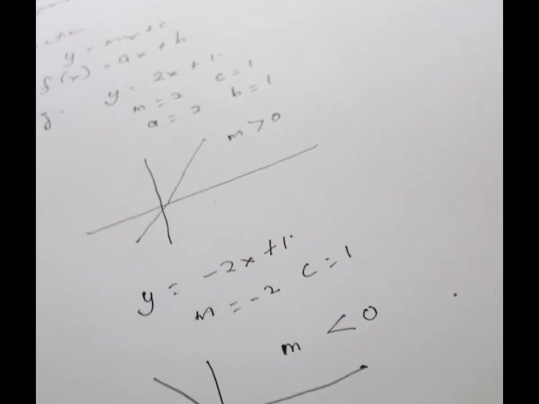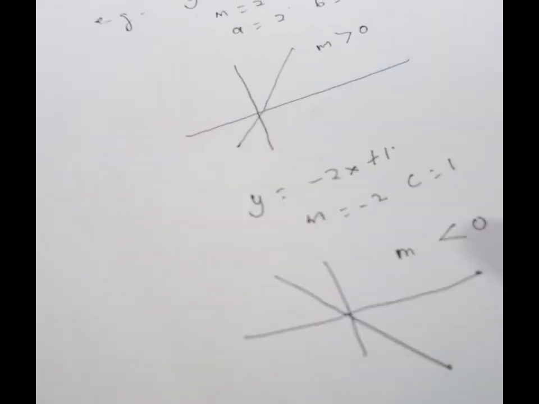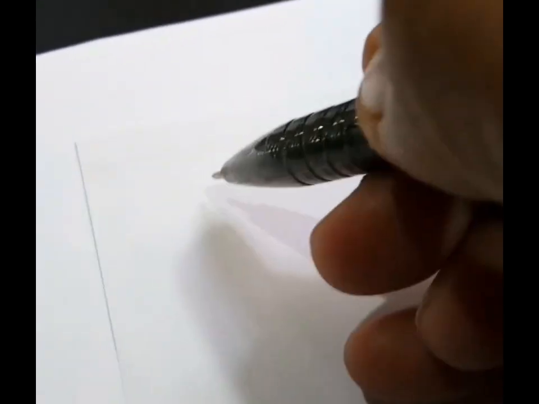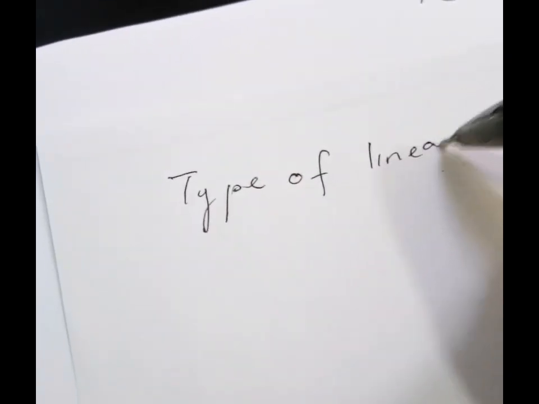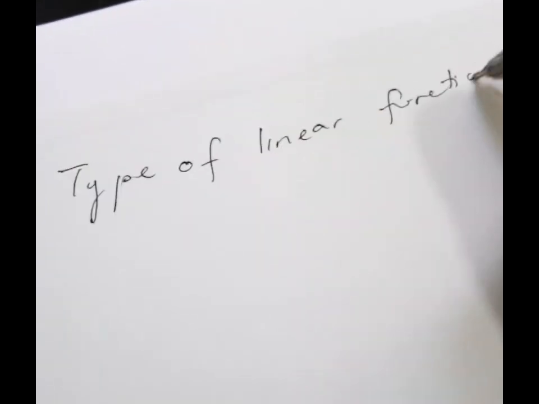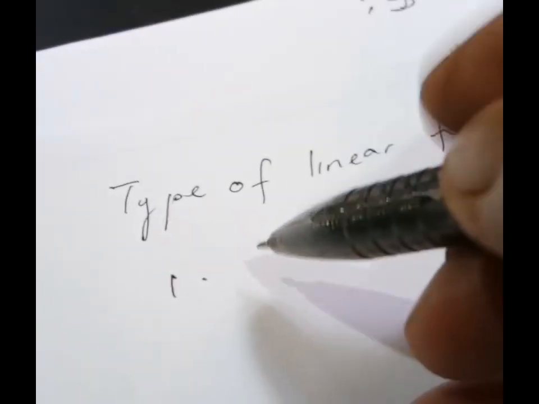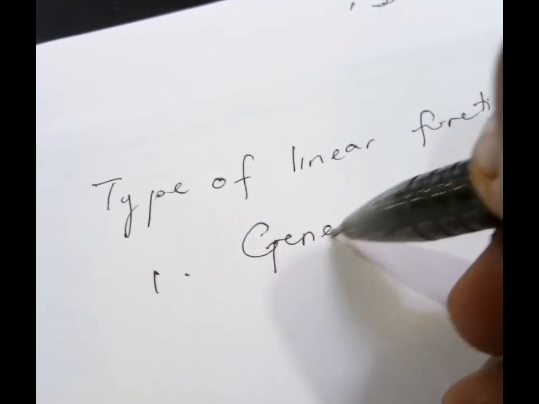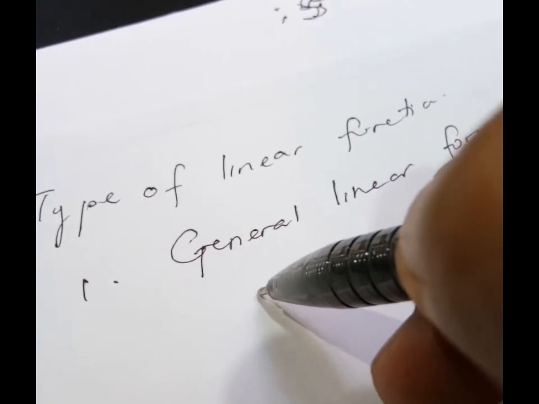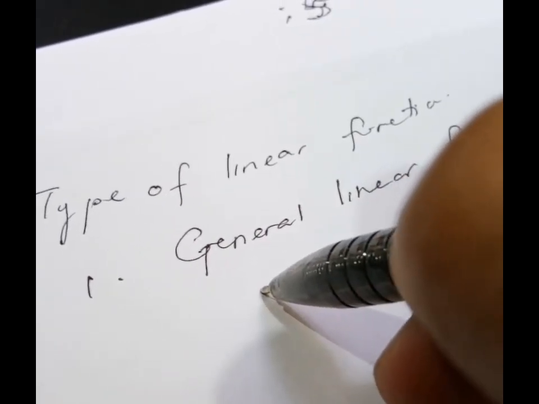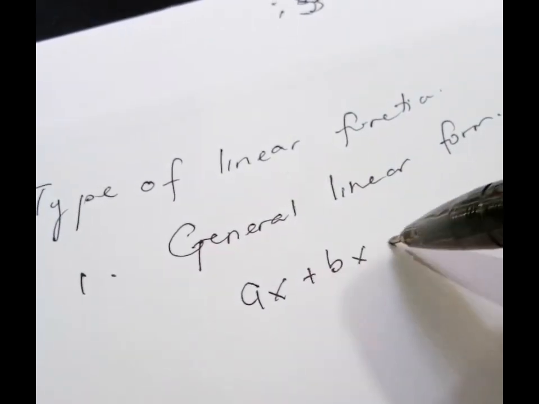Okay, next is types of linear functions, the different ways we can represent a linear function. First, as given in the table, is the general linear form. The general linear form is written as ax plus by plus c equals 0.